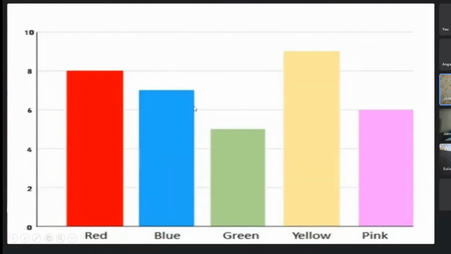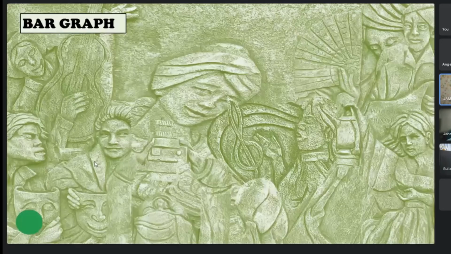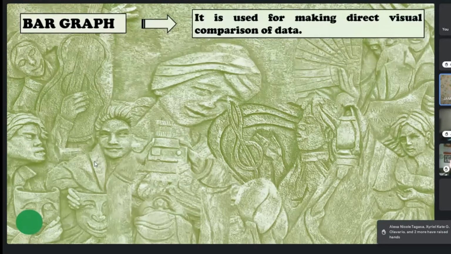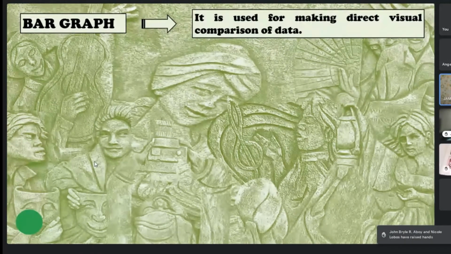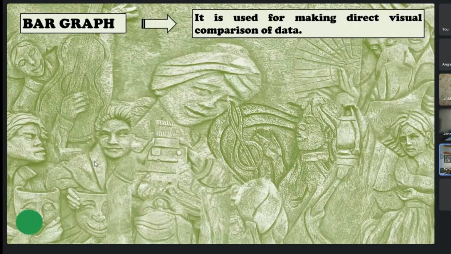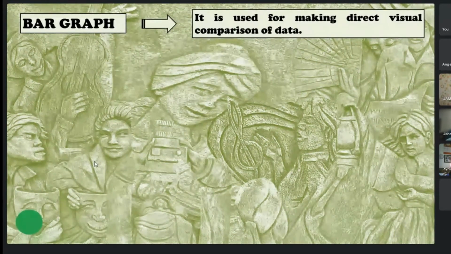Yes, Mark Leo, do you have any question? As you can see here, we have the bars to represent the data. So when to use a bar graph? Kindly read. Anyone? Yes, Cyril. Bar graph. It is used for making direct visual comparison of data. Thank you, Cyril.